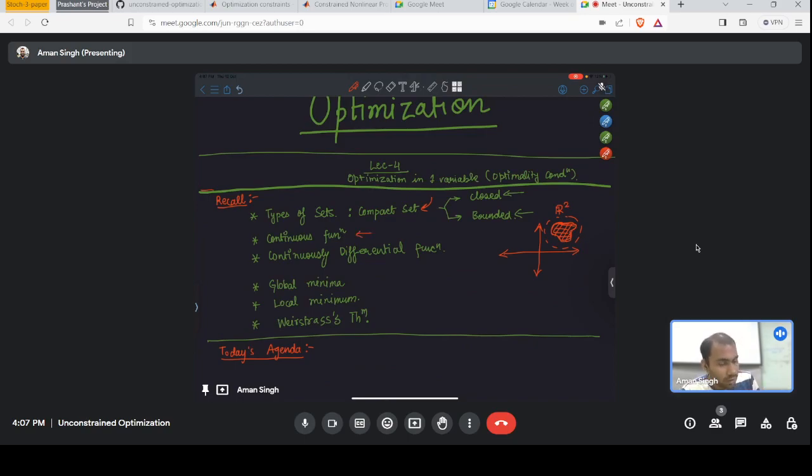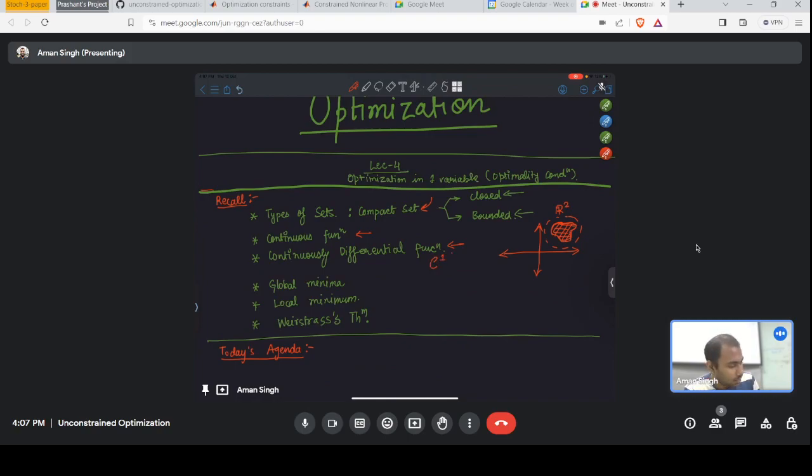We also discussed what are continuous functions. We defined it. We also defined what are continuously differentiable functions. Basically all those functions whose first derivative exists and is continuous are called continuously differentiable functions, and we represent them by C1.